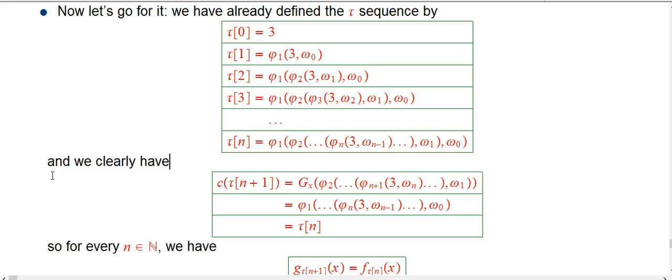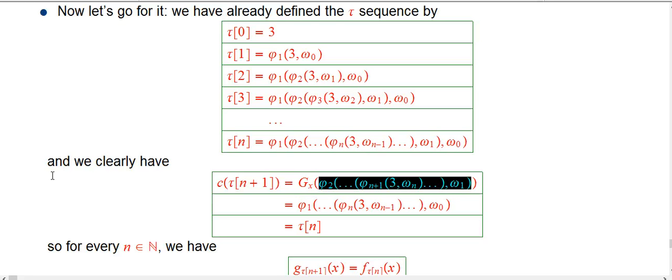And this dovetails exactly with how G works. This is really the punchline of the whole thing: if you do our collapse operation on, let's say, the n+1 version of this, what that means is first extract all the stuff that's inside the phi1 function, that's this stuff up through a phi n+1, and then g sub x it.